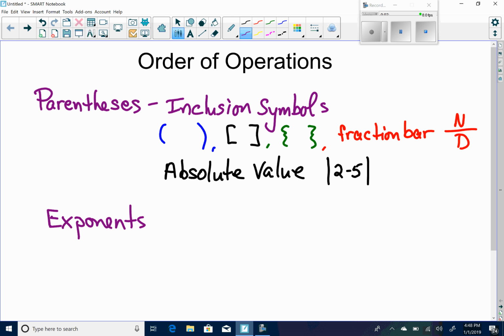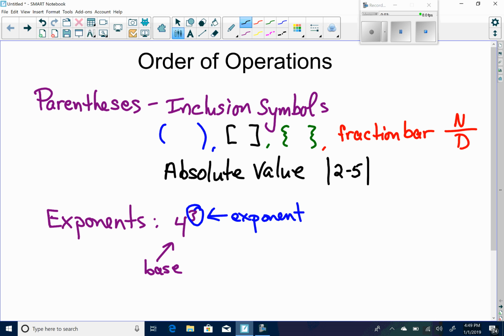So after parentheses, we look at exponents. Exponents are a different way to write multiplication, a little quicker. If we have, let's say, 4 to the third or 4 cubed, the 4 is our base, and the 3 is the exponent. If you do need more review with exponents, I will also have a lesson dealing only with exponents and going into great detail the laws of exponents.